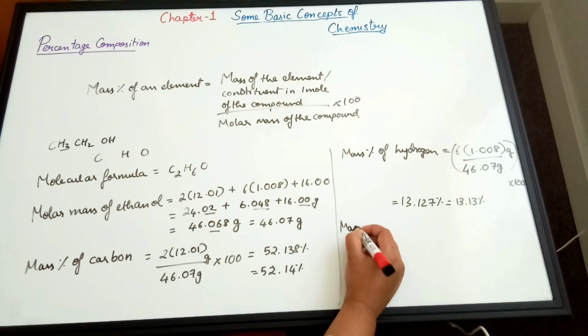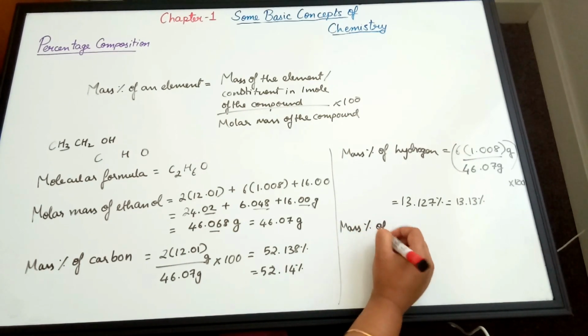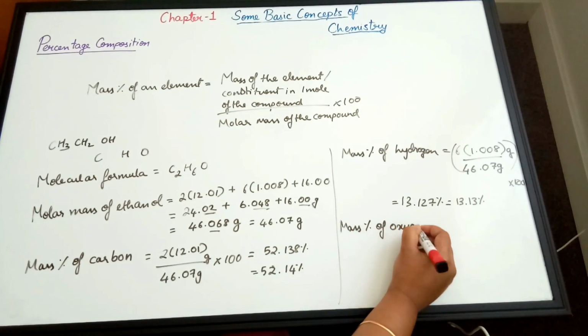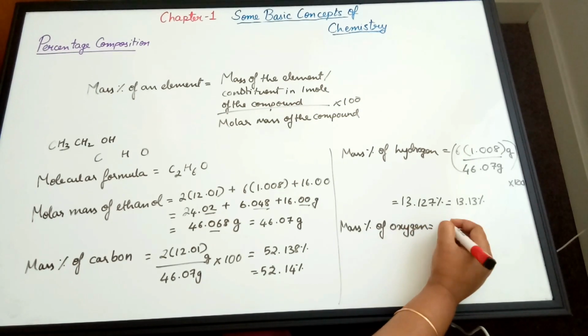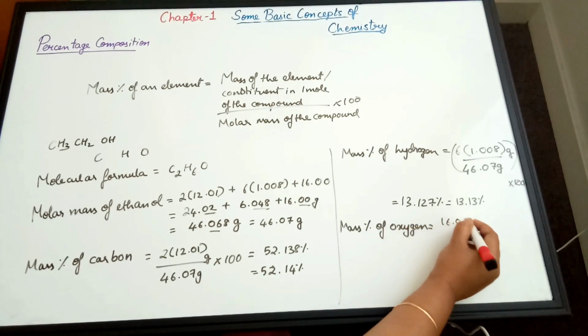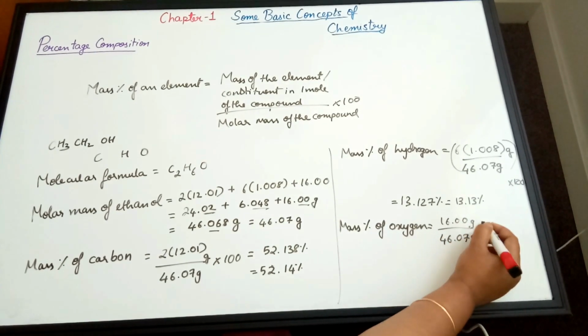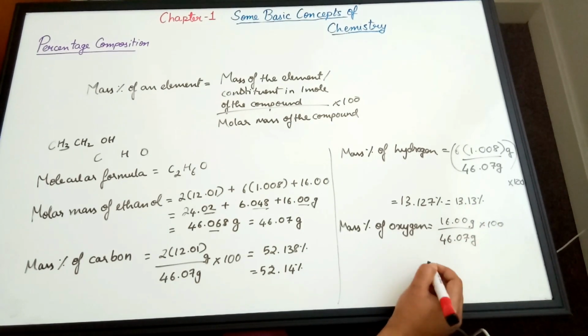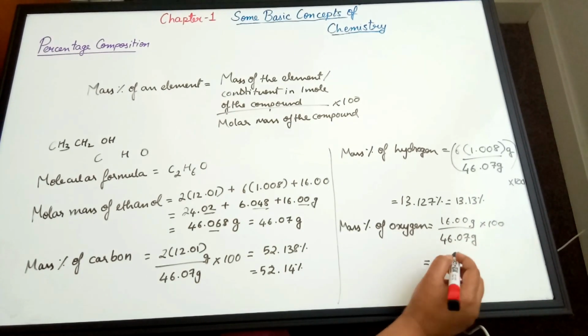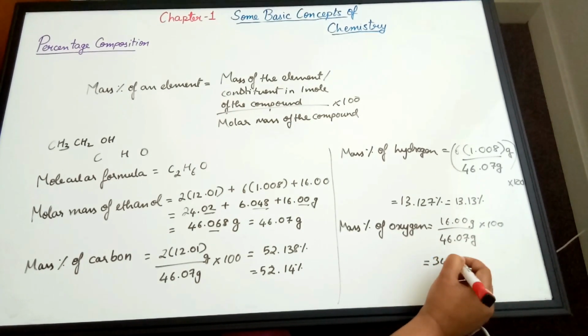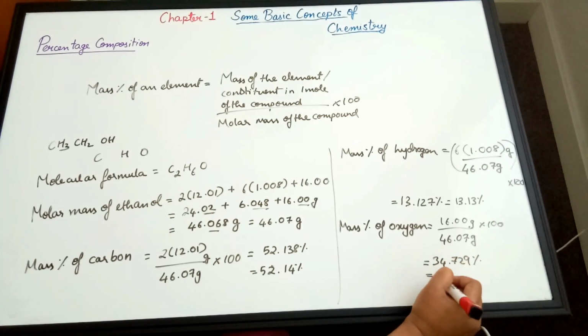Similarly, mass percentage of oxygen would be 16.00 grams divided by 46.07 grams into 100, and this gives us 34.729%, and we are rounding it off, so you get 34.73%.